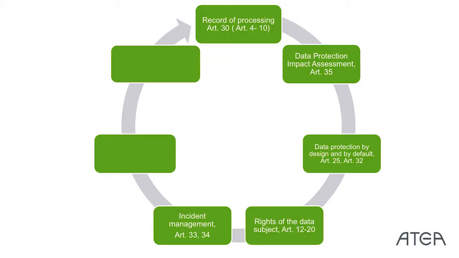When you have that, you have your internal focus, or the control focus, done. You can then switch over to when certain things may happen, and that is incident management. And the GDPR is pretty straightforward. You have to report data protection incidents within 72 hours to the Data Protection Authority. Here the necessary processes need to be in place.